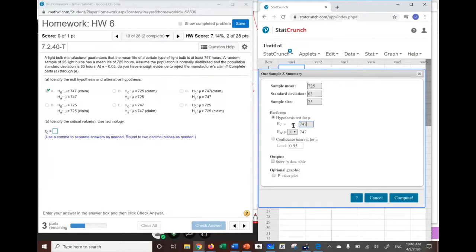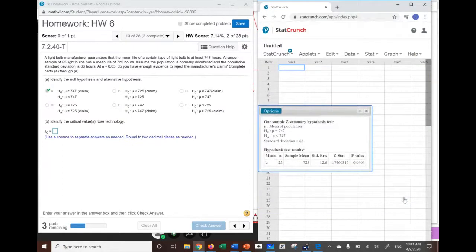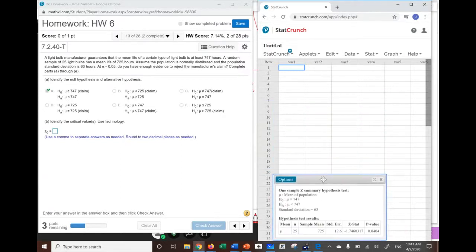But I don't have a way to control H naught and make it greater than or equal to. So ignore H naught and just focus on HA. HA will be less than. When you hit compute, just make sure you match HA in StatCrunch to HA in the problem, and don't worry about H naught. When we do that, it's going to give us the answer. Actually, we don't need this answer yet. Let's store this answer for later.